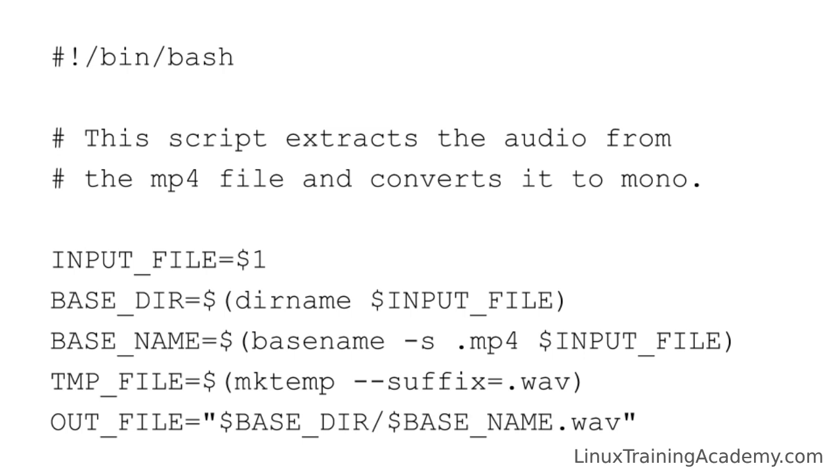I create a temp file with a suffix of .wav that I'm going to use to extract the audio with. And then the out file will consist of the directory name followed by the base name of the file that was passed in, but now it's going to have the .wav extension instead of the .mp4 extension.